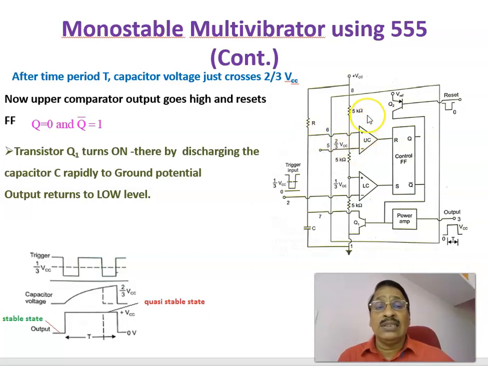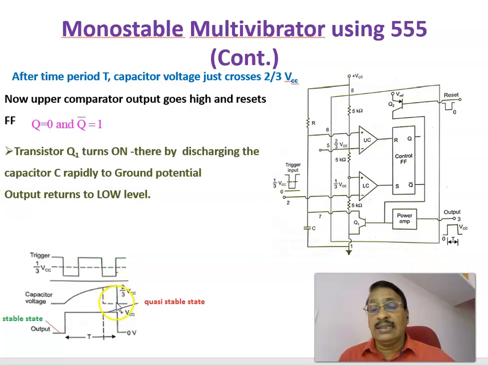Once this voltage just crosses 2/3 VCC, the reset pin will become high. As the reset pin goes high, Q will become 0 and Q bar will become high. As Q bar becomes high, the transistor is getting turned on. As the transistor is getting turned on, the capacitor gets discharged suddenly. That is what is happening.